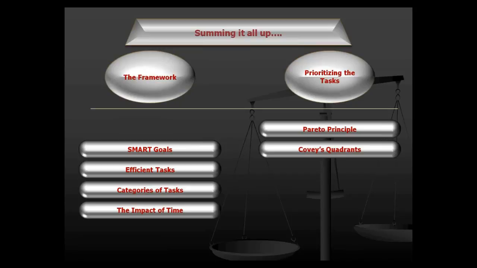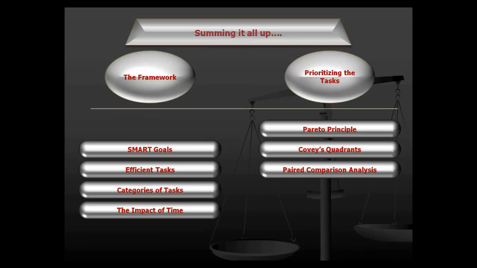We're going to give the highest priority to quadrant 2, the important but not urgent tasks, while at the same time quadrant 1, the important and urgent tasks, which are the crisis management tasks, get attended to first, albeit with a lower priority.